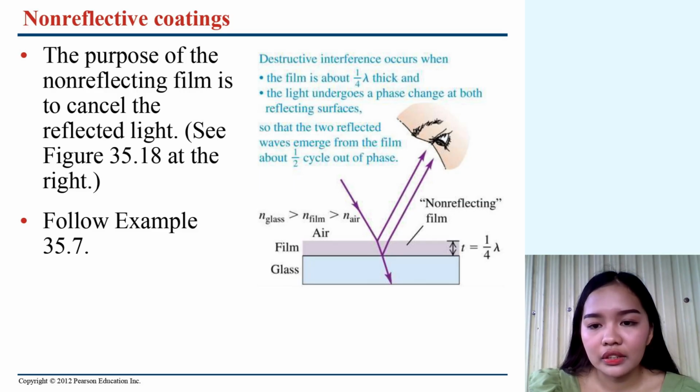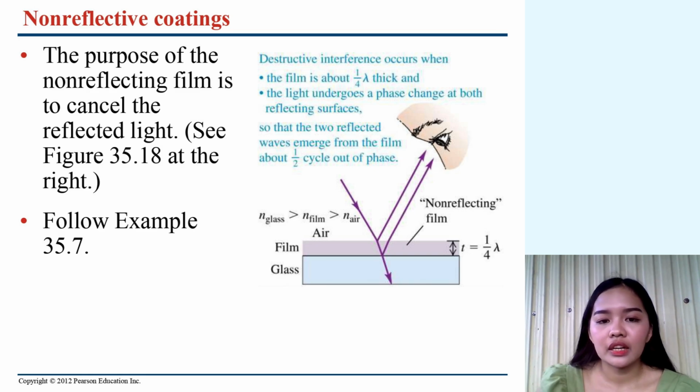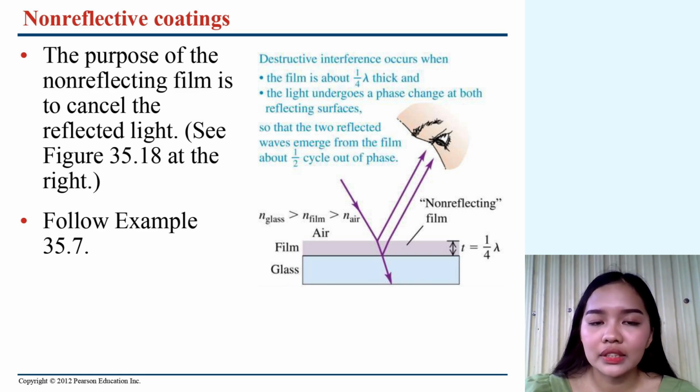You choose the thickness so the path difference is exactly lambda over 2, and you choose the refractive index so that one reflection shifts and the other doesn't. The result is the two reflected waves cancel completely, destructive interference. Almost no light is reflected, and almost all passes through.